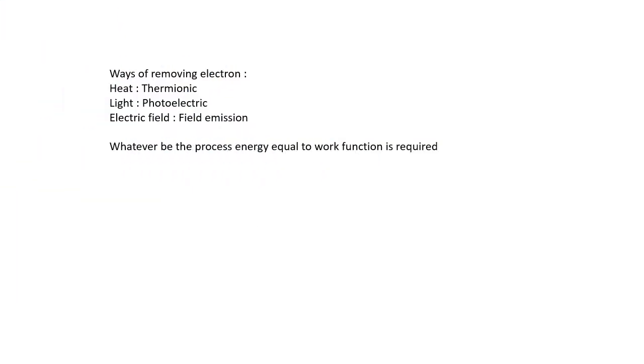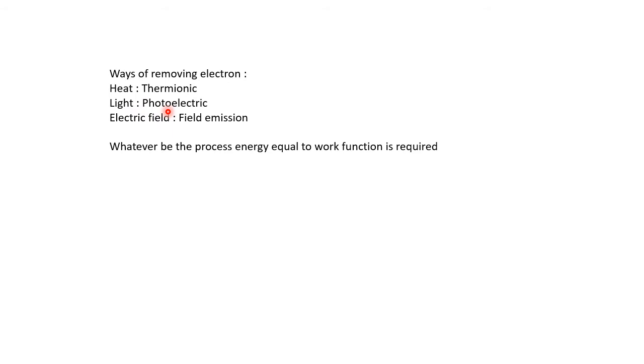Now there are different ways of removing an electron. If we remove an electron by heat, it is known as thermionic emission, where the metal surface is under the influence of very high temperature and the electrons are emitted. The second phenomenon is light: when the metal surface is under the influence of high energy or high frequency light, the electrons are emitted.